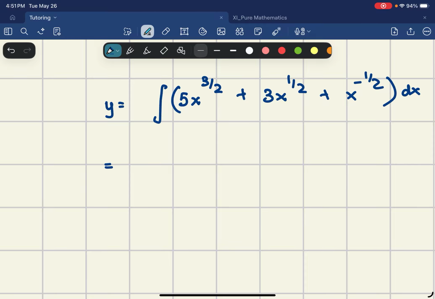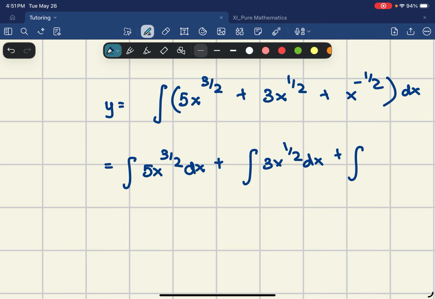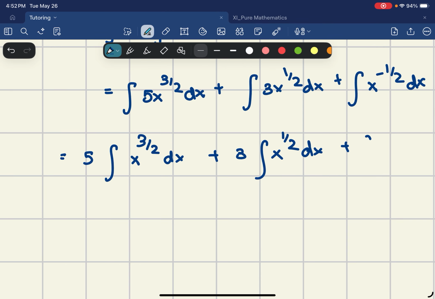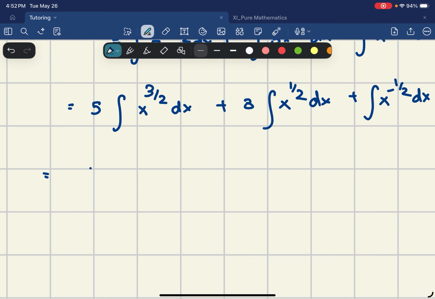All right. So now you can just do it separately. And you can factor out your constants. You can bring out your constants from the integral sign. And finally, you can use the rule that we discussed.